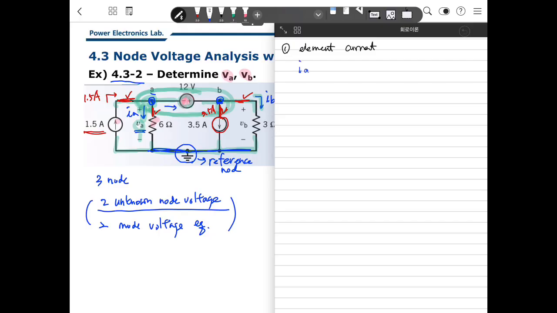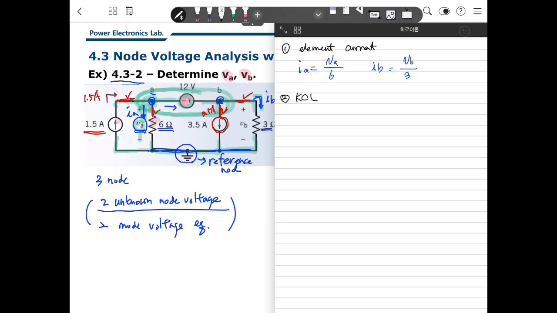So IA will be the current going through here. The voltage difference is VA, divided by resistance 6. And IB here is VB divided by 3. That's it. And the second step is KCL based on each node.